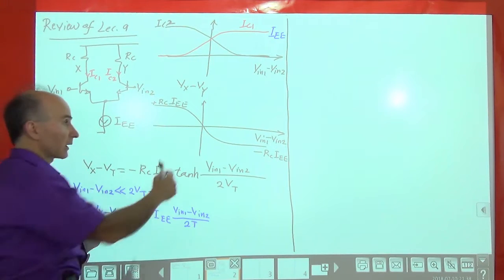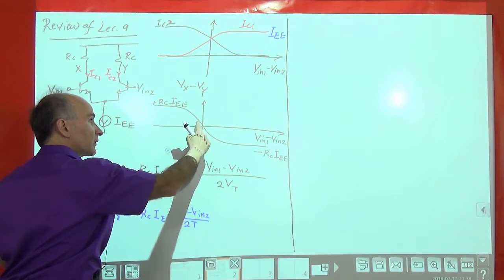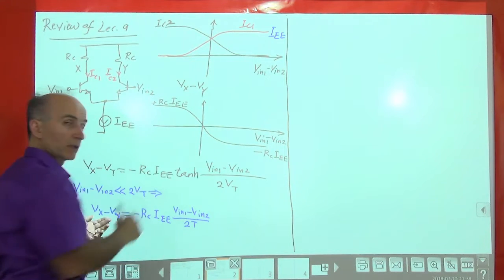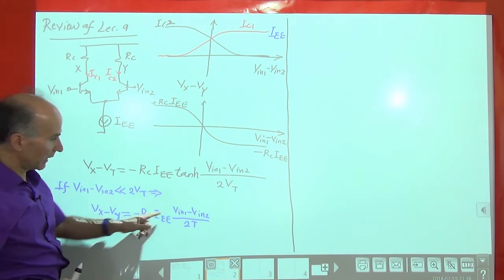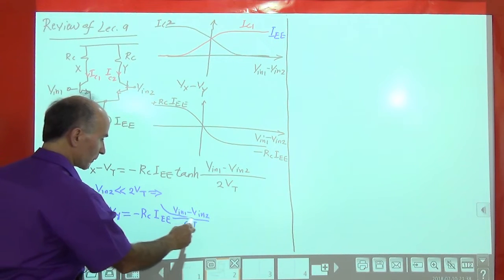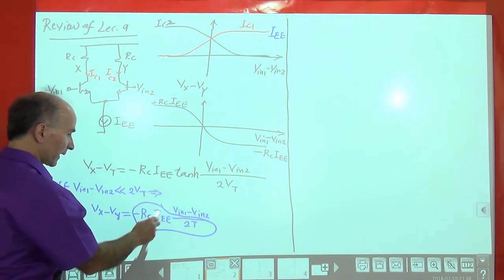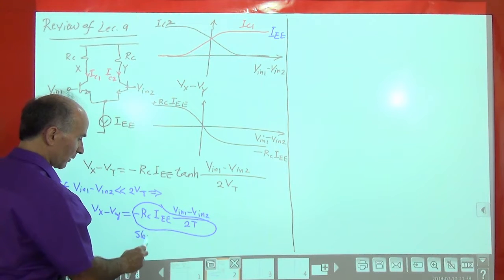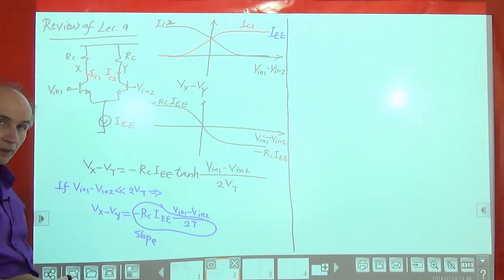So in a sense, we are approximating this curve by just a simple straight line around the origin. And that straight line, as a function of Vin1 minus Vin2, has this much slope. So this is the slope that we saw, right? We call this the gain also, and today we will elaborate on that more.